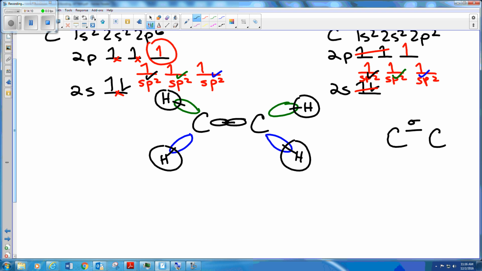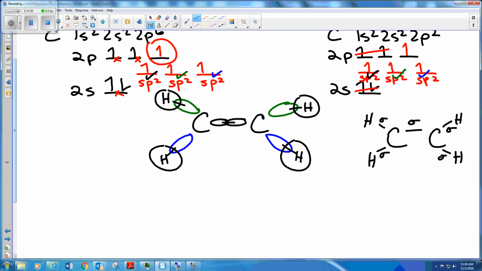So far in this molecule, I have the formation of 5 sigma bonds. Alright, so now I've placed everything except for that higher energy p electron.